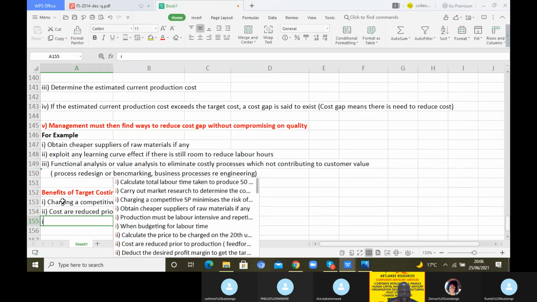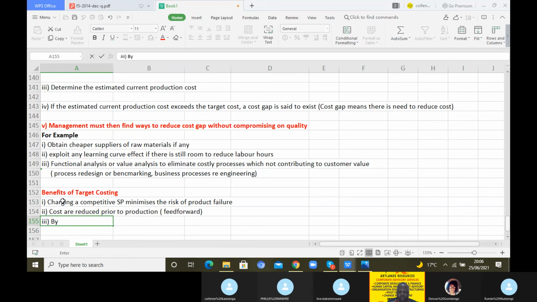Another benefit of target costing is that by continually finding ways to reduce the cost gap, the firm is ushered into a continuous improvement mode.